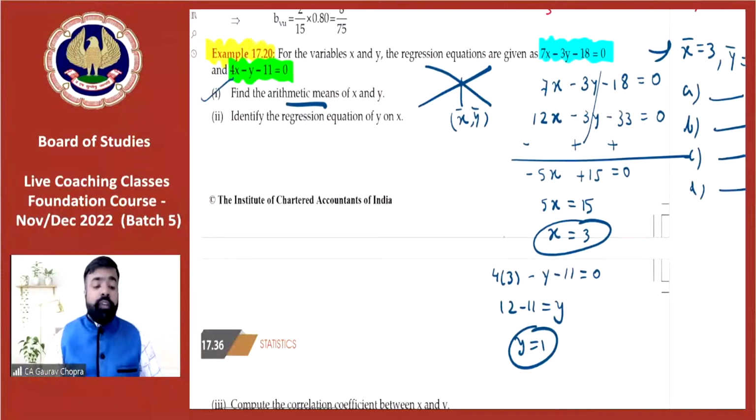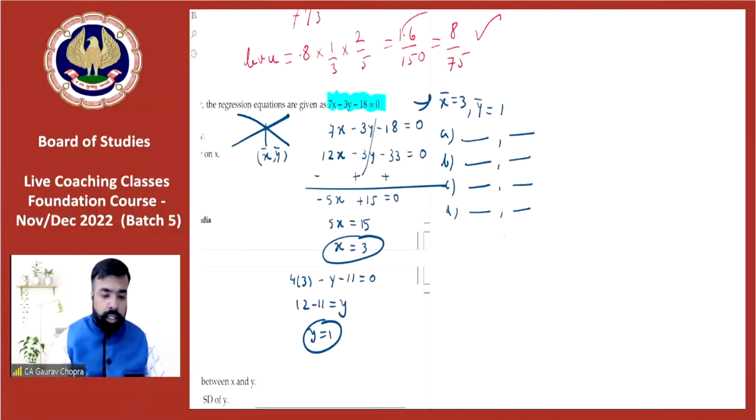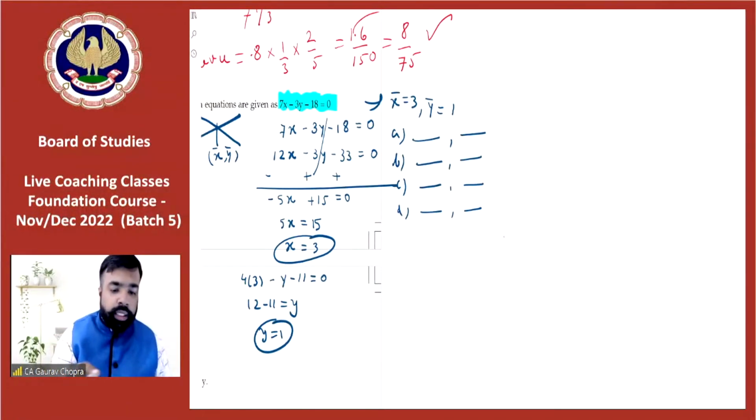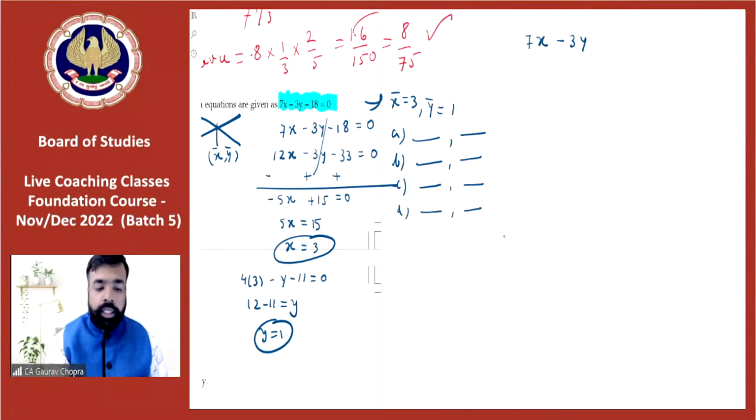Now let us do the second one. Identify the regression equation y on x. Now this time we have to identify. So now this is a different process. So let us understand this one now. 7x minus 3y minus 18 equal to 0.